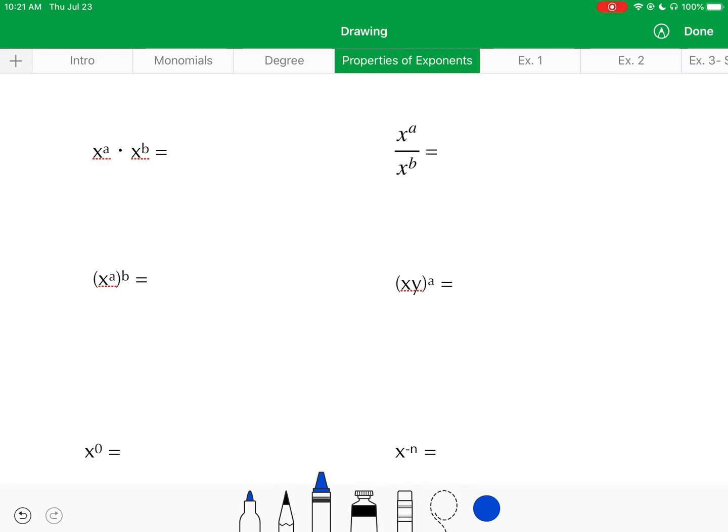So let's say I have a monomial of x to the power of a multiplied by a second monomial of x to the power of b. The fact that both monomials have a base of x allows me to add their exponents together and say that this equals x to the power of a plus b.